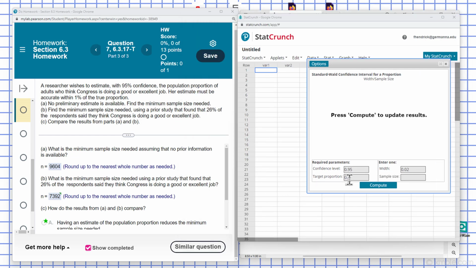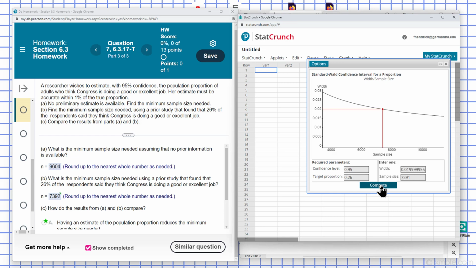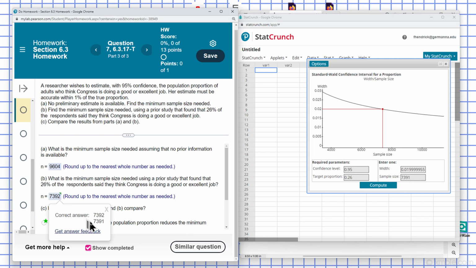I'll put in 0.26. Let me click here. It gives me 7391, so it accepts that too, 7391.